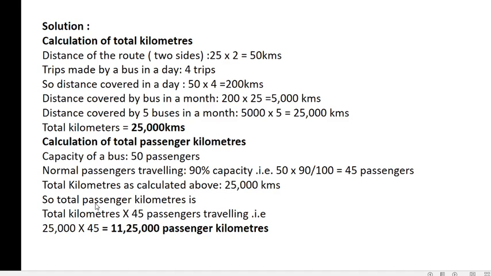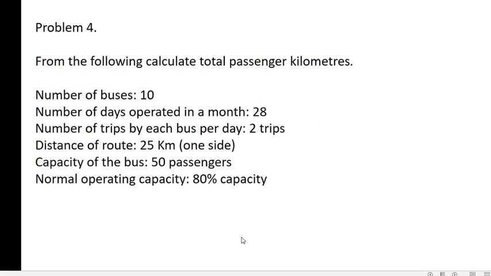So now total passenger kilometer is total kilometers into 45 passengers traveling, that is 25,000 into 45 is equal to 11,25,000 passenger kilometer. This is a way of calculating the total passenger kilometer.